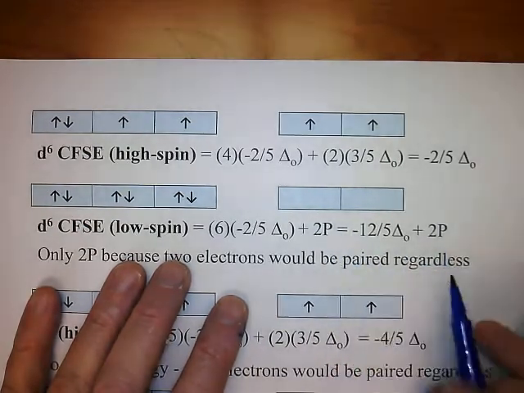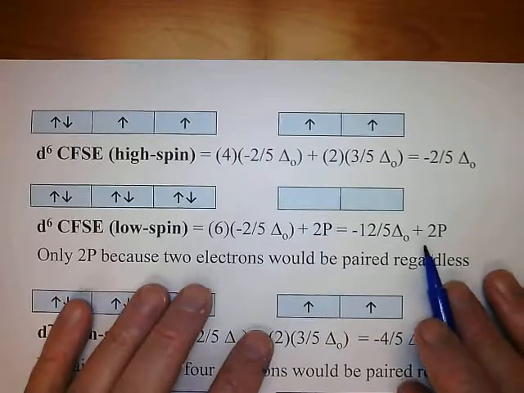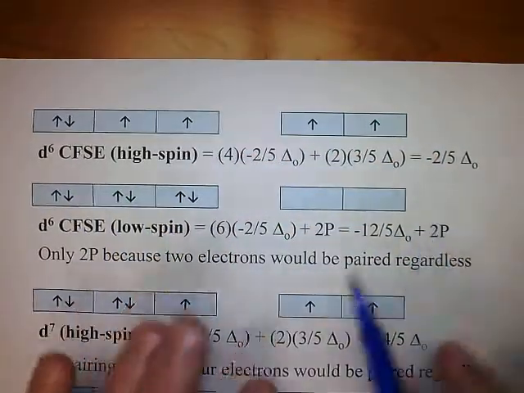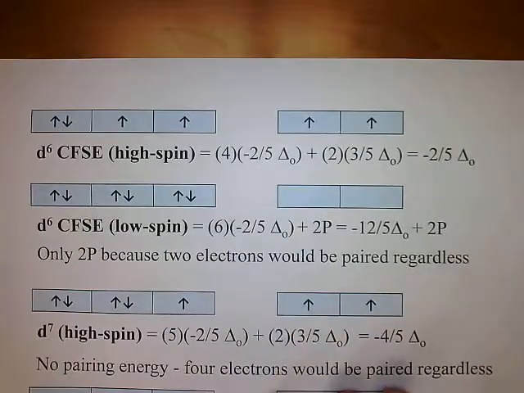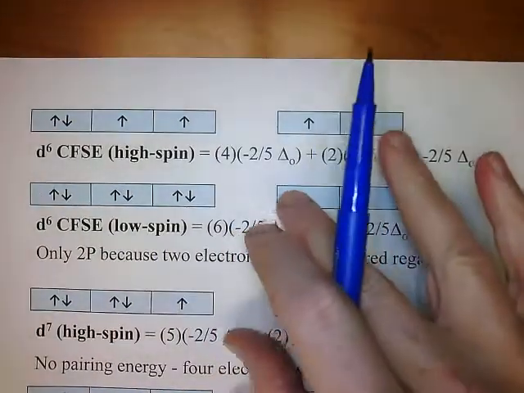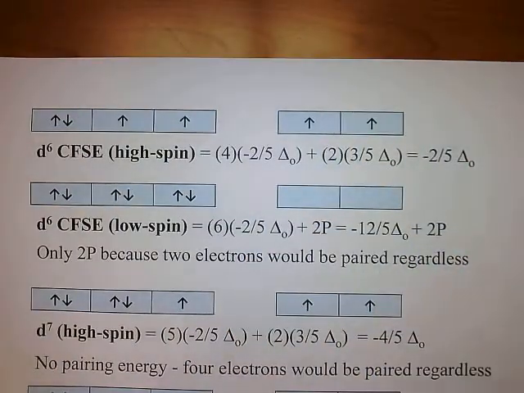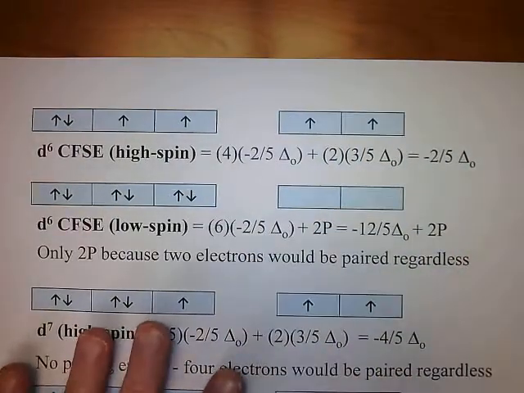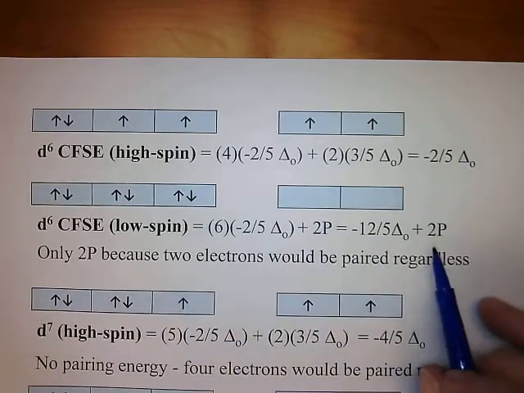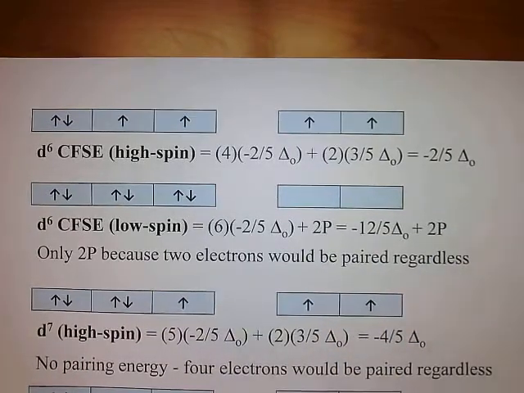So we have to supply 2 pairing energies. And one more time you say, oh, wait a minute, we're supplying 3 pairing energies. That's true, but 2 electrons would have been paired to begin with if we were following Hund's rule with no field splitting, we would have had to pair up 2 electrons regardless. So it's plus 2 pairing energies, not 3.